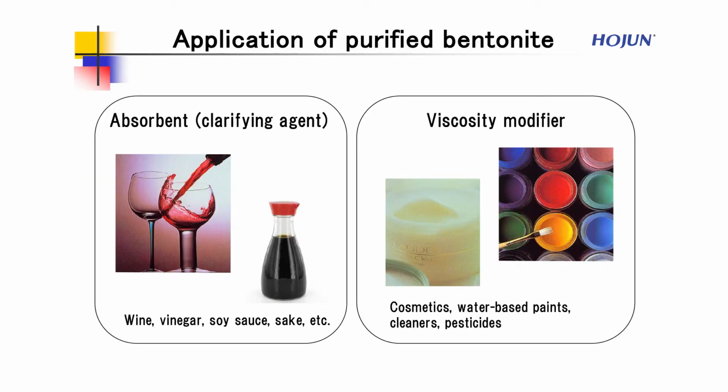The main applications of purified bentonite are employing absorbability in applications such as absorbents and clarifying agents for food products, and employing its viscosity properties in applications such as viscosity modifying agents for cosmetics and paints.